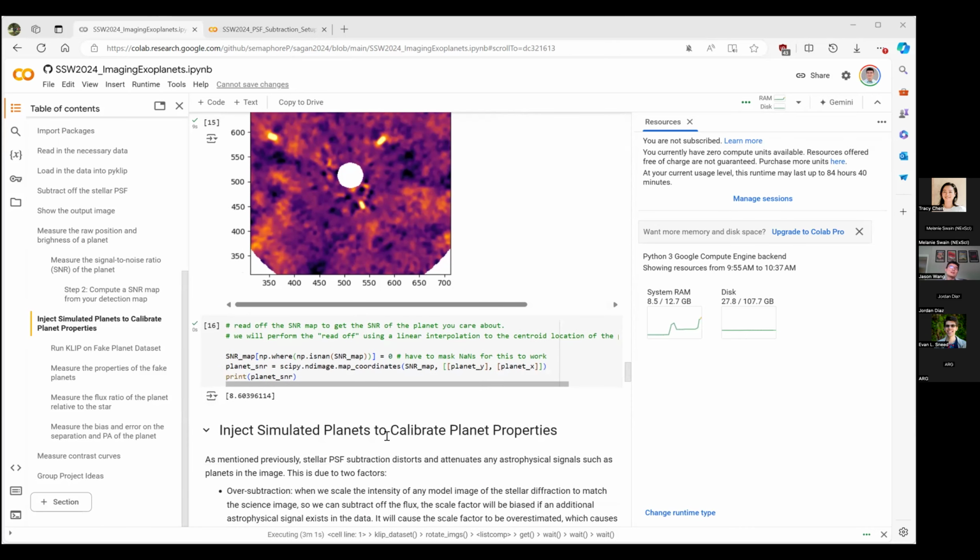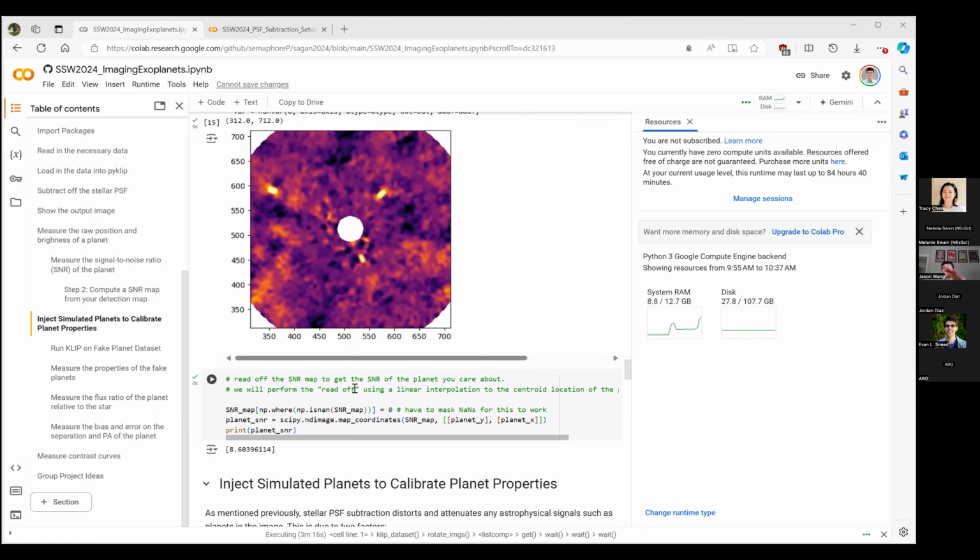You're going to have to guess. And after you inject that first planet of known brightness and see how much flux it loses, then you'll know roughly how much signal loss there is, and you can inject planets at roughly 5-ish sigma, so right around the detection limit, for the most accurate measurements.